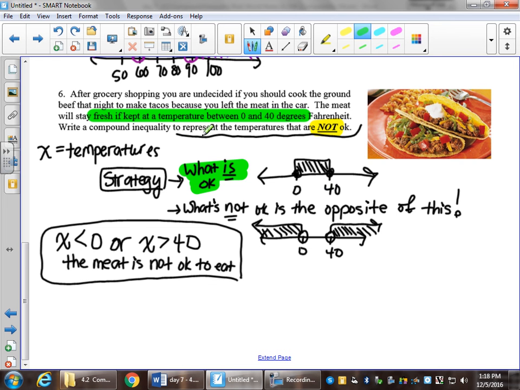Then to answer the question on when is it not okay, we took the opposite. Sketched it first, and then once we had our sketch, it was very easy for me to write my inequalities from that. Nice job. I'm hoping we see that there's definitely kind of like an art, a strategy to really reflecting on what we have, what we're given to know what type of compound inequality we're going to set up.